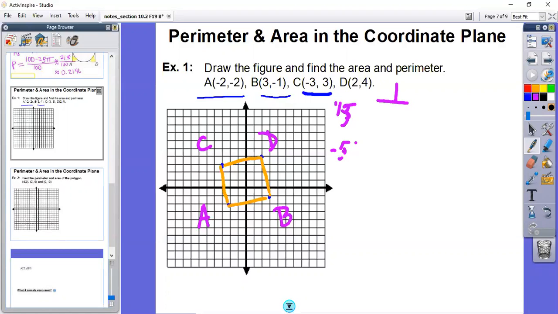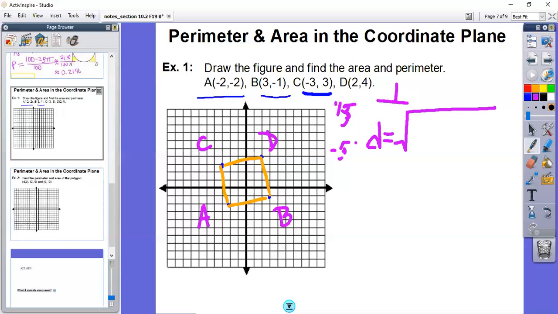But if I didn't know that, I could definitely find the distance for each of those sides and see if they were equal. So either way, we need to do that. So I'm going to find the distance just between C and D. So remember the distance formula, it basically comes from the Pythagorean theorem.